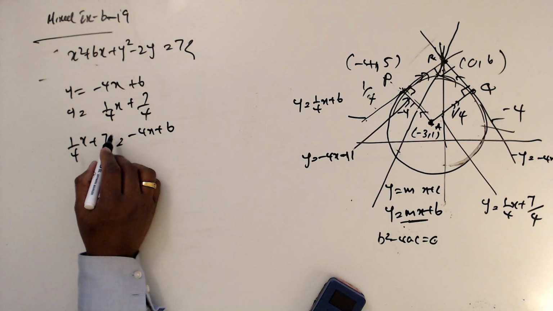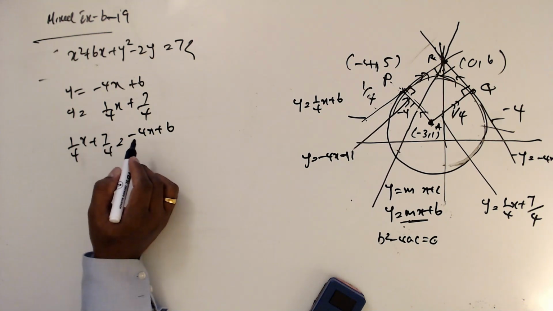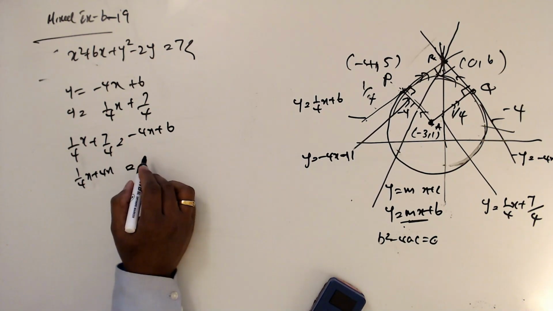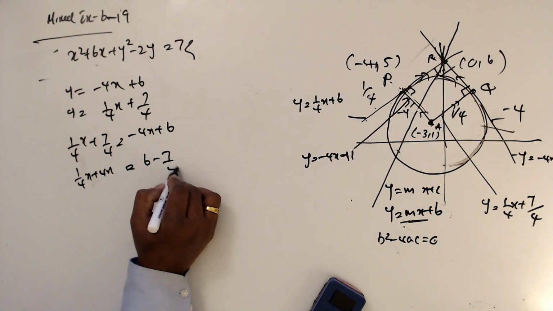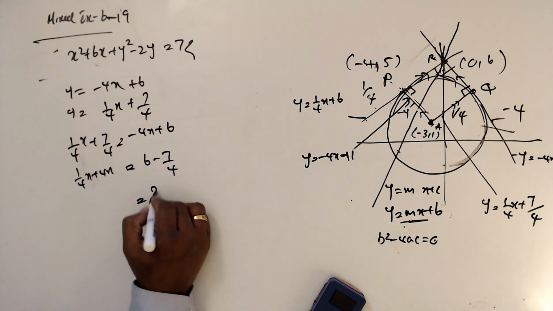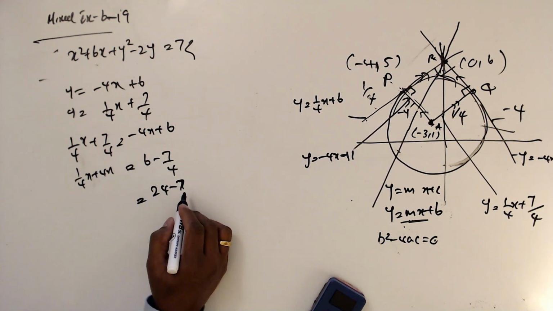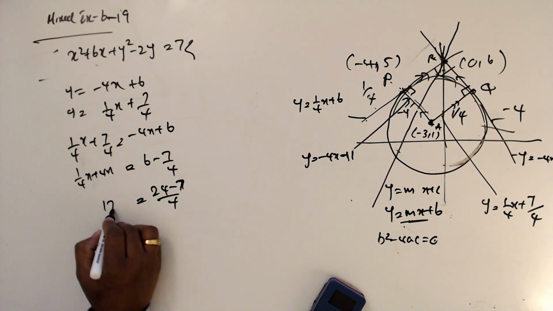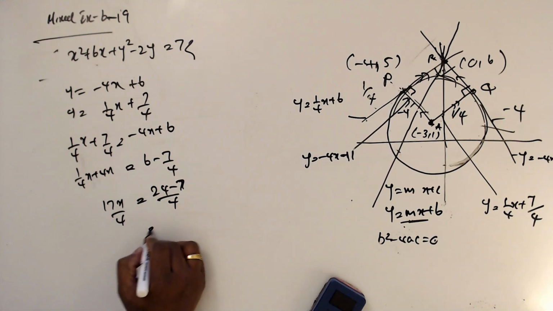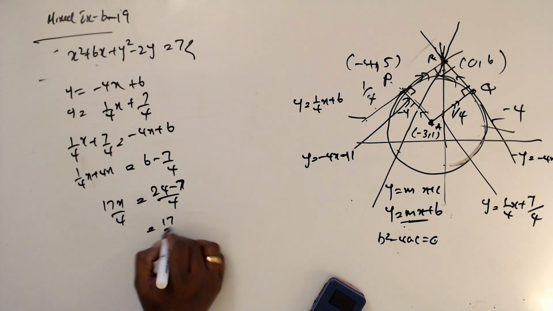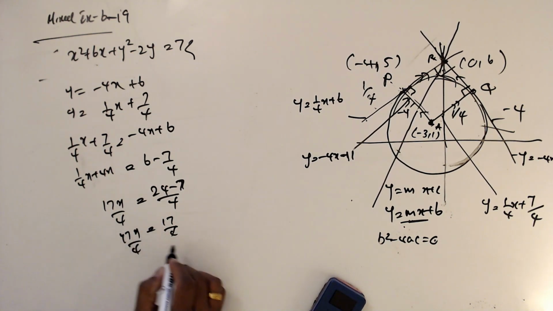So this is 1 over 4 x plus 4x equals 6 minus 7 over 4. So this is 24 minus 7 over 4. This is 17x over 4. So 17 cancels, 4 cancels, x equals 1.